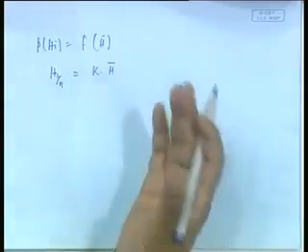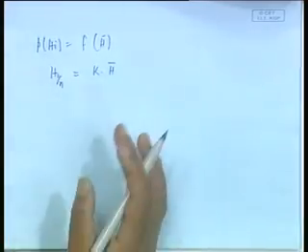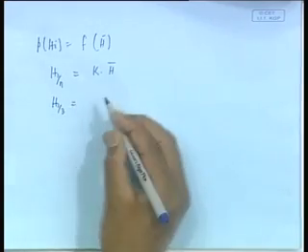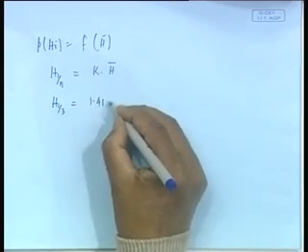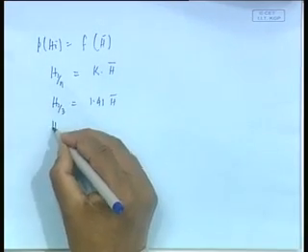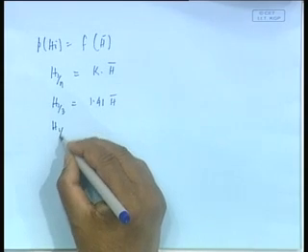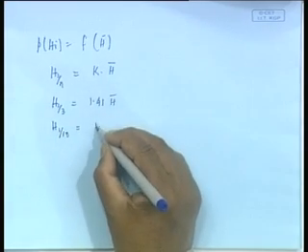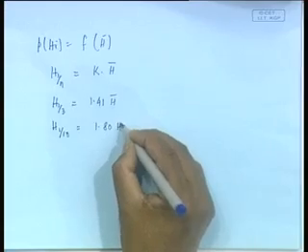This constant expression is available if I have a given theoretical distribution. For example, H 1/3 becomes 1.41 H bar, H 1/10 becomes 1.80 H bar, etc.